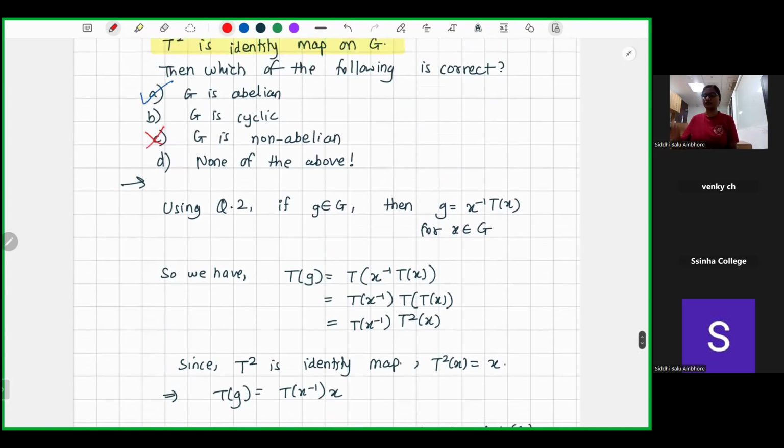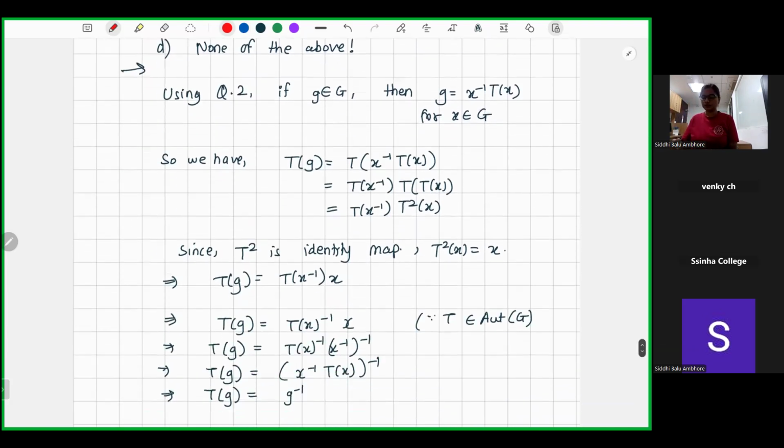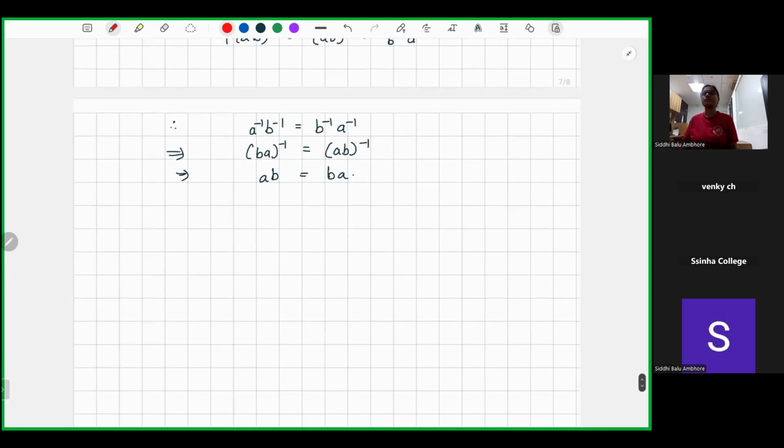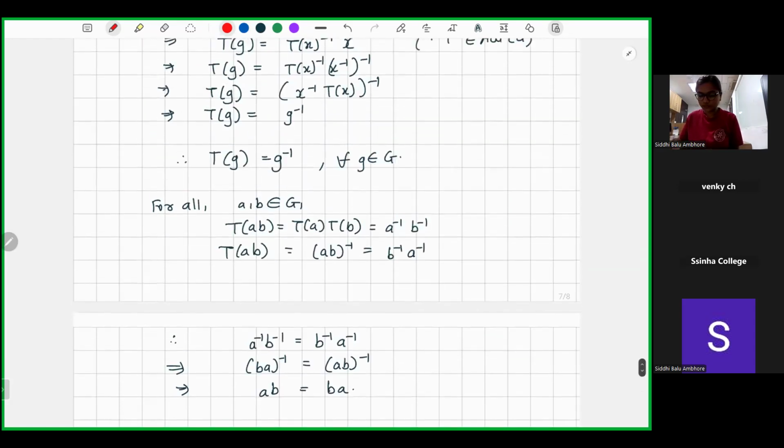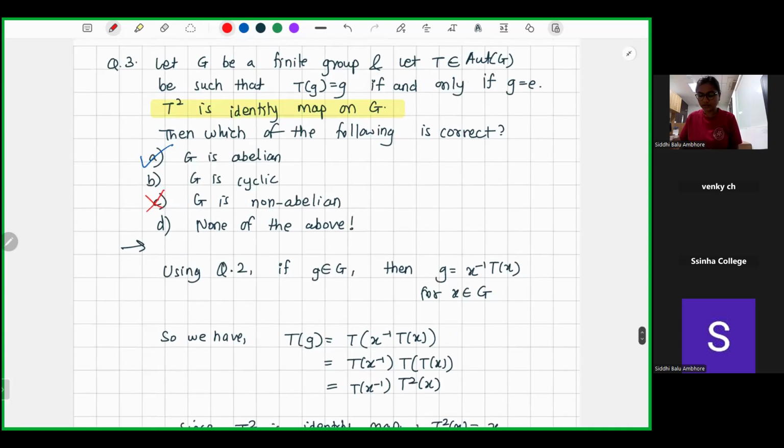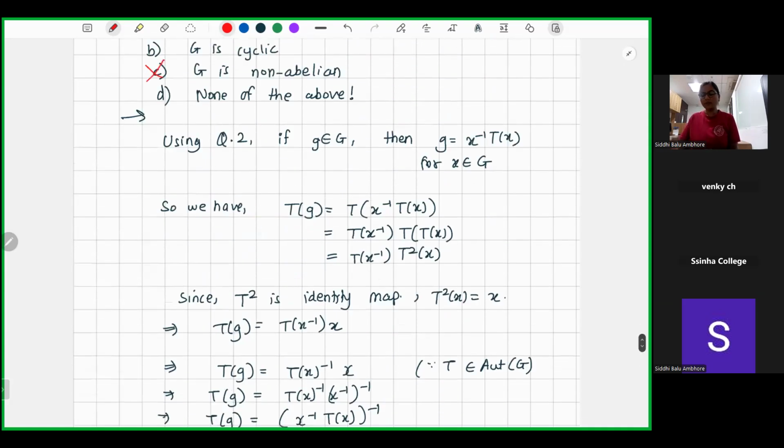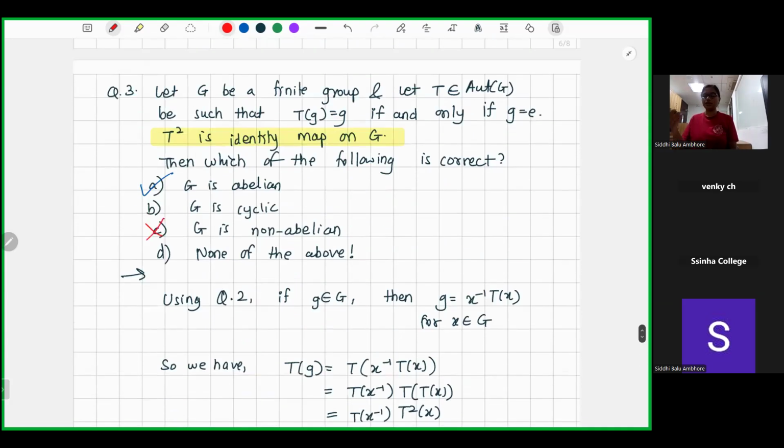So any doubts here? Okay, assume there are no doubts. If there are any doubts, please let me know. And from the information given here, we can only conclude about G being abelian.